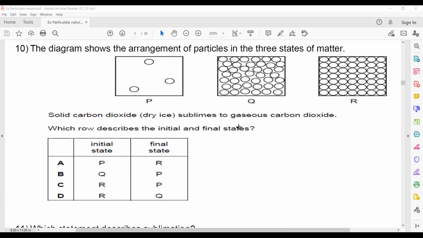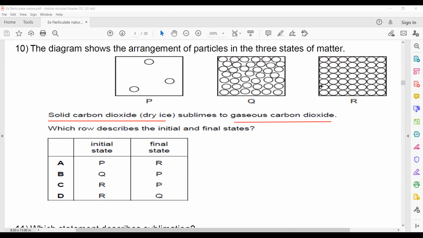Question 10. The diagram shows the arrangement of particles in three states of a metal. Solid carbon dioxide, which is also called dry ice, sublimes to gaseous carbon dioxide. What is the right answer? What is the initial state in terms of structure and what is the final state?